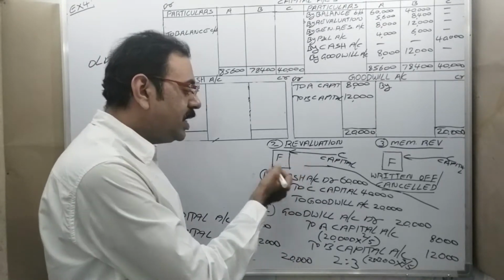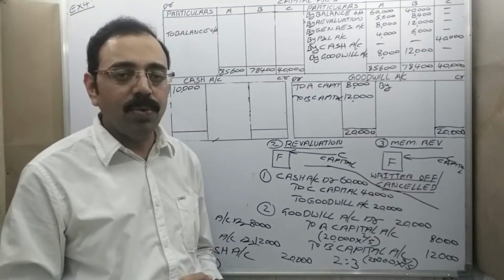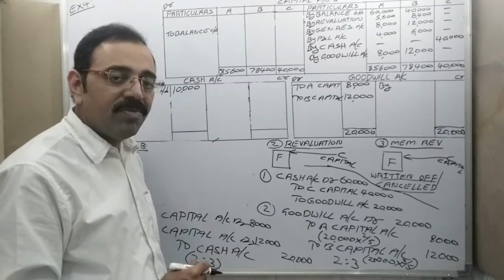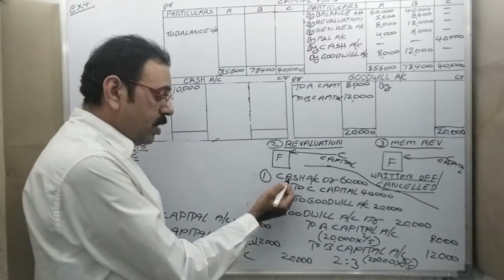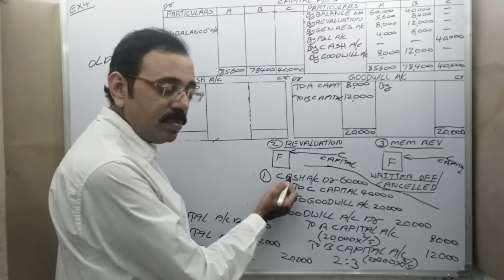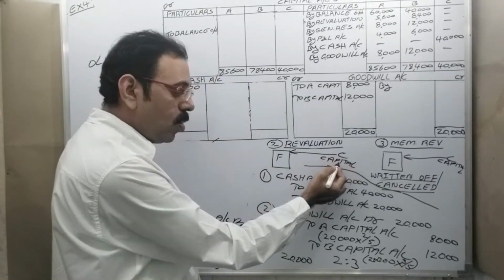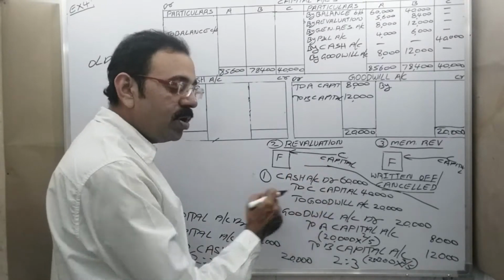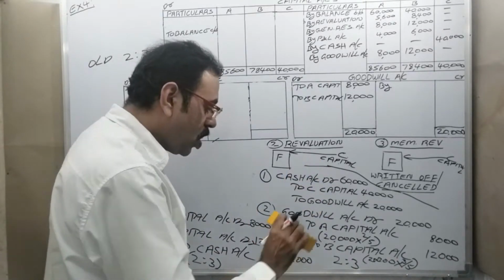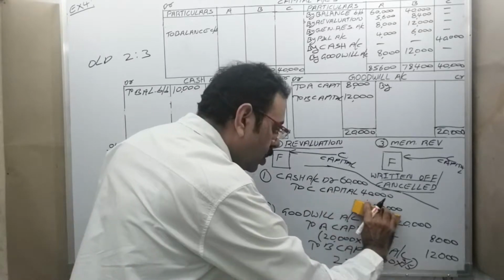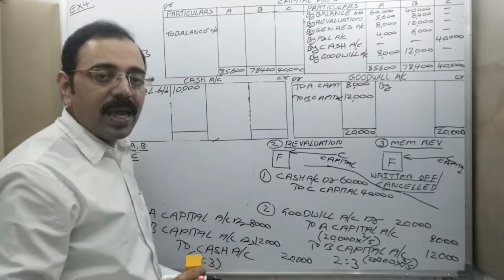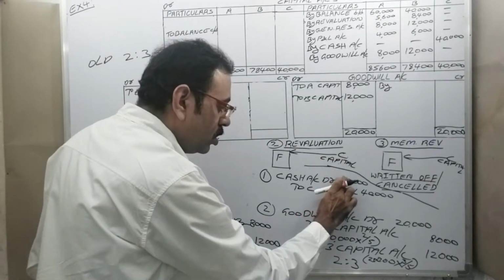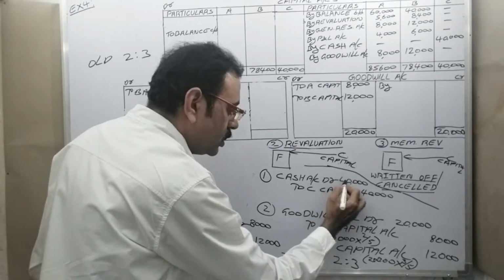When goodwill is created in the business with full value, then what are the entries? First entry is cash is coming. The new partner is bringing only capital and he is not bringing goodwill. Since goodwill is not coming, we should not credit goodwill like in premium method. Okay? How much cash is coming? 40,000 rupees.